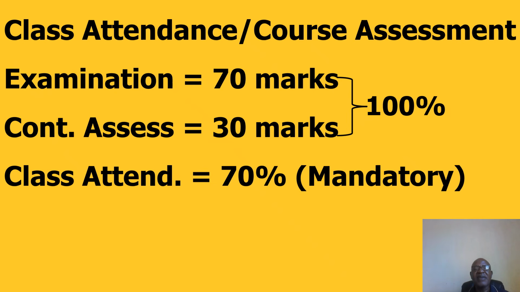That is 70 for examination and 30 for continuous assessment. Now, importantly, class attendance will be taken, and it's mandatory that every student must score 70% class attendance to qualify for sitting for the examination, in addition to the payment of school fees. That is how it goes.